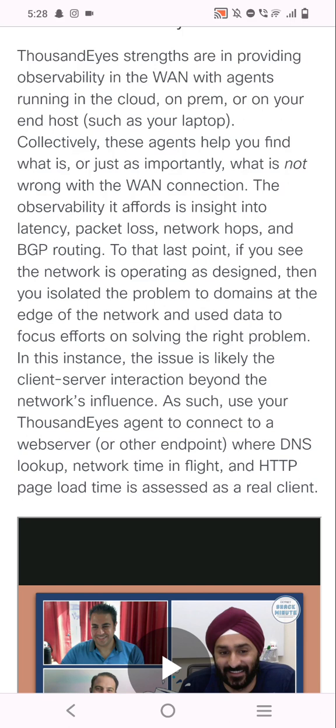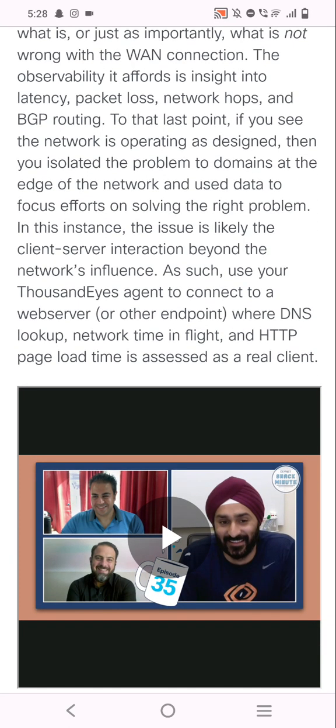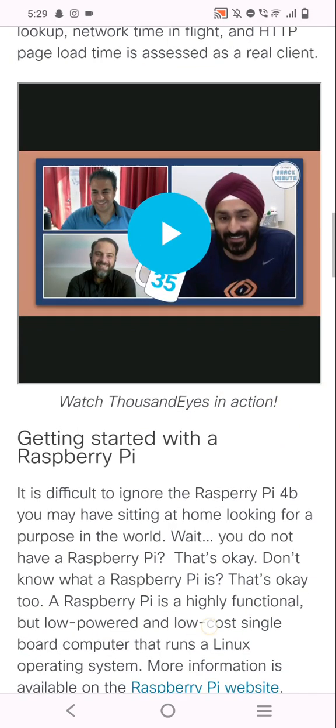In this instance, the issue is likely the client-server interaction beyond the network's influence. As such, use your ThousandEyes agent to connect to a web server where DNS lookup, network time in flight, and HTTP page load time are assessed as a real client.